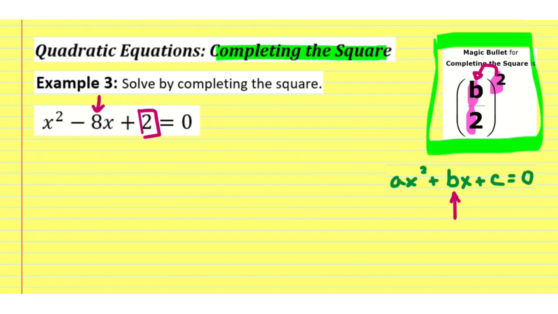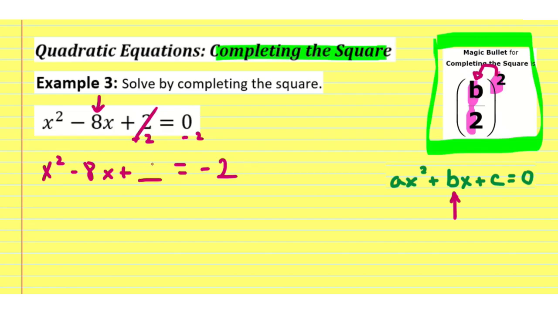So we are going to rewrite this as x squared minus 8x plus blank, and then we are going to subtract the 2 from both sides. So we're going to do minus 2 and minus 2. So it's going to be equal to minus 2, because that 2 is going to disappear.